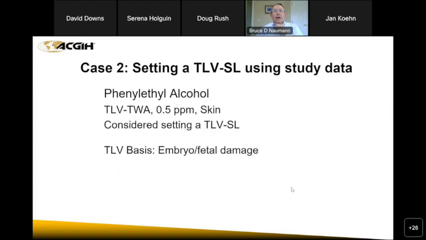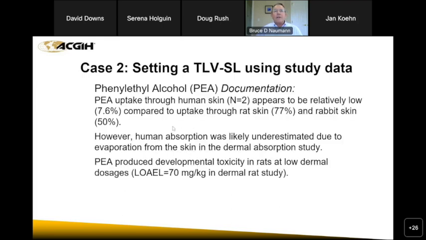Next one is phenylethyl alcohol. And it looked like we should be considering a surface limit here because we had a skin notation, it was producing embryo-fetal damage. But when we went through, we realized that the data on the kinetics were somewhat inconsistent, where at least very limited human data showed that the absorption was relatively low compared to the rat skin.